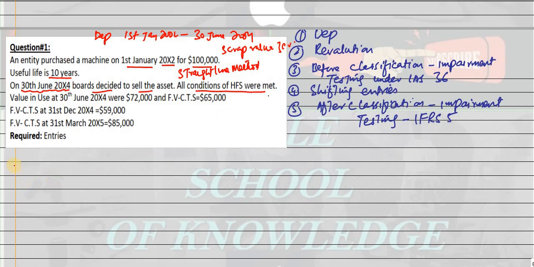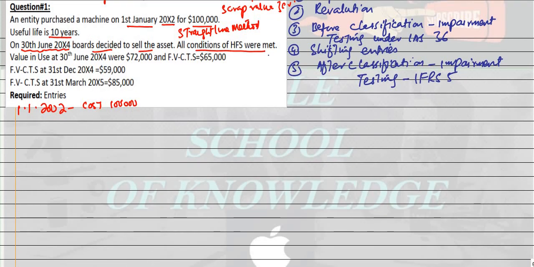Okay, so let's start. On 1st January 2002, cost is $100. Now we will calculate the depreciation for this year, and it will be $100 divided by 10, and scrap value is 0, so it will be 10,000.